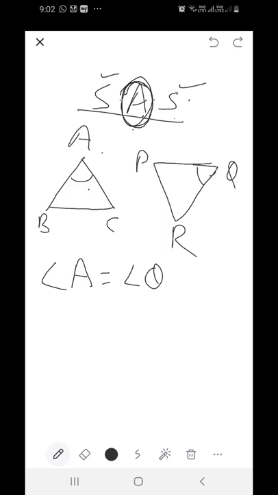And suppose AB is 2 centimeter and PQ is 1 centimeter. And for AC, I am writing 6 centimeter, and for QR, I am writing 3 centimeter.